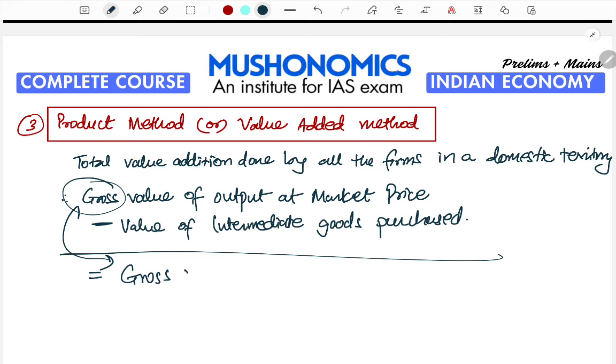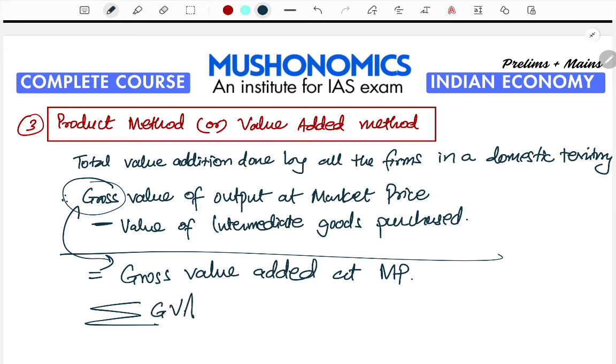So gross value added at market price. And if we sum all the value addition done by all the firms in the economy, that gross value added at market price is nothing but our GDP at market price. So we get GDP at market price by this method also, right? So these are the three methods of calculation of GDP that we studied.